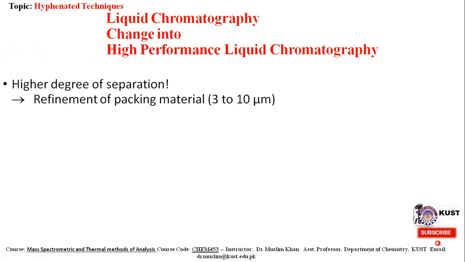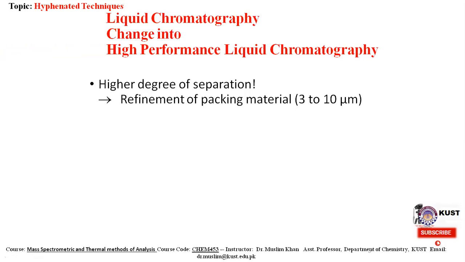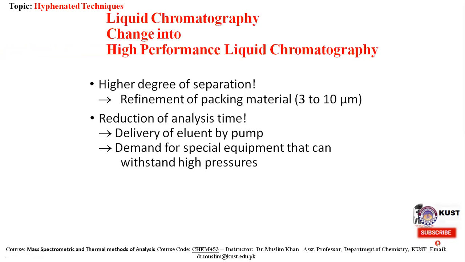How did liquid chromatography change into high performance liquid chromatography? First of all, in chromatography, two things are needed. One is a high degree of separation, and the second one is reduction of analysis time.